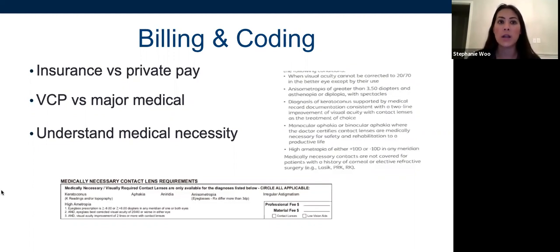So I think, yeah, just making sure that you know what's going on with your vision plans. It's all pretty clearly laid out. And then if you are doing medical, find out what your contracted rates are, because some of them are very poor and sometimes don't even cover the cost of the lens itself. So that's definitely something to look into. And there's lots of resources out there that could be valuable.